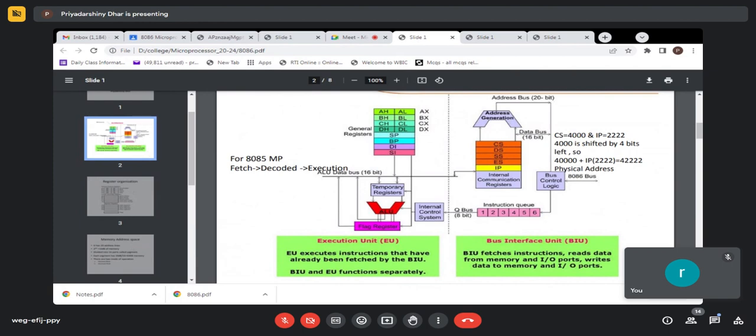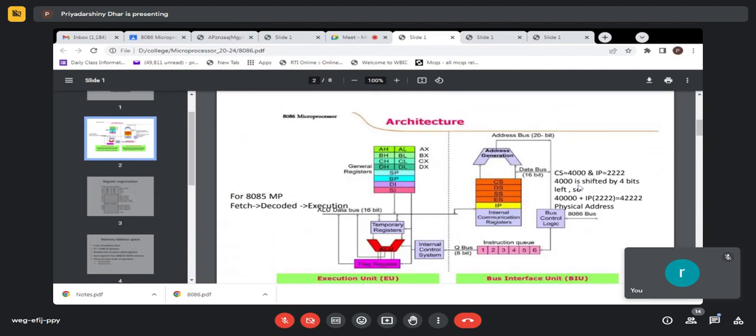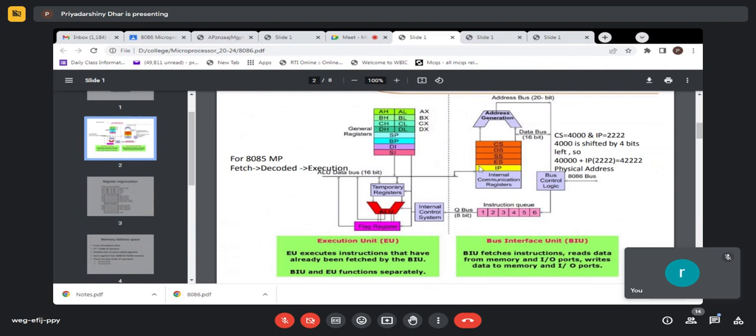So the features of the 8086 microprocessor: this is a 16-bit processor. That means it can access a maximum of 16 bits at a time, and it has a 20-bit address bus. Now look at this.